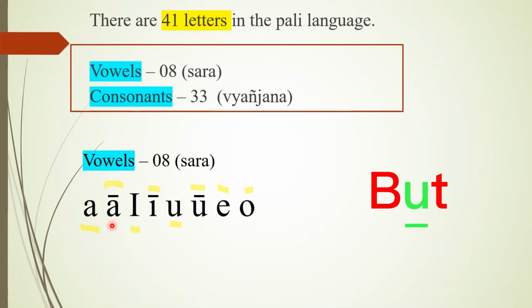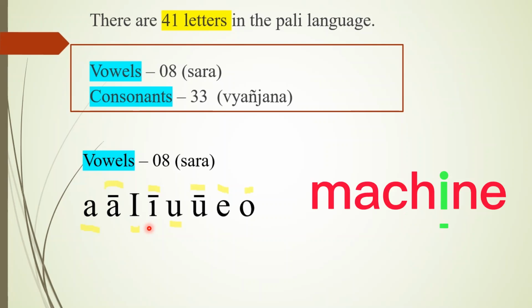A is pronounced like art. I, pin, I sound, pin. I, machine, I sound, machine.